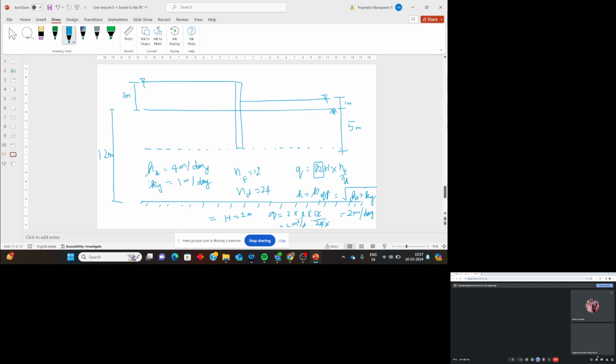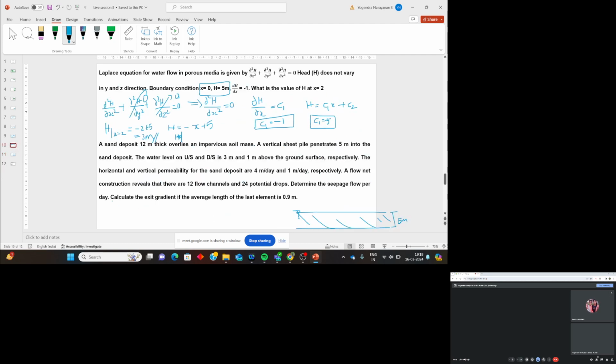Or 2 meter square per day? Usually we don't use that. You will use 2 meter cube per day.